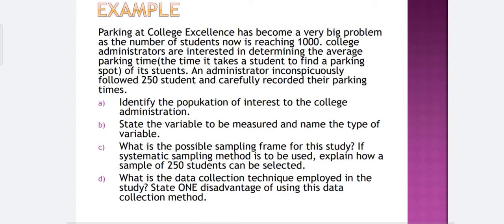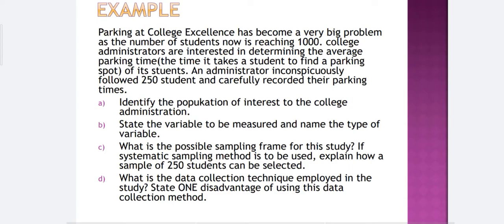If the systematic sampling method is to be used, explain how a sample of 250 students can be selected. So we have to explain step by step. The first one, the list of the sampling frame has to be sorted. Earlier we sort the plate numbers, 1 until 1000. Okay.